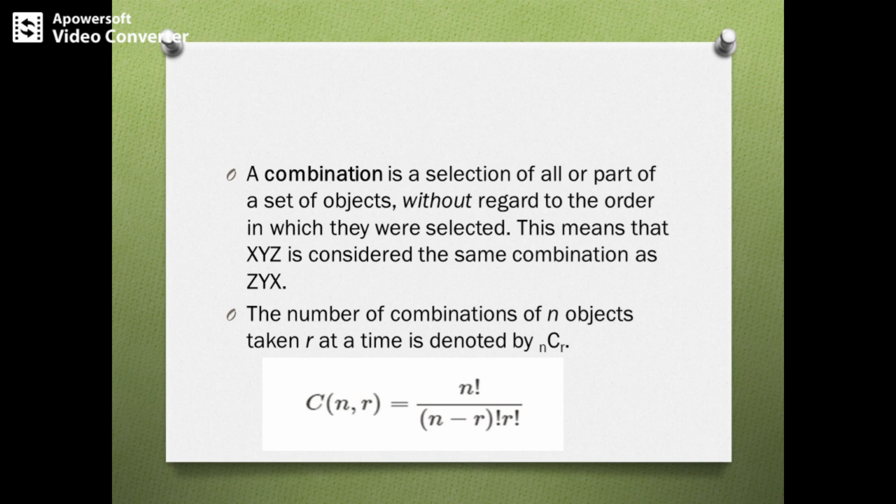Just the arrangement of r different objects is what matters in the permutation, which the combination divides out. So C(n, r) is n factorial by (n minus r) factorial into r factorial, which is nothing but P(n, r) by r factorial. We have r objects, and they can be arranged in r factorial ways.